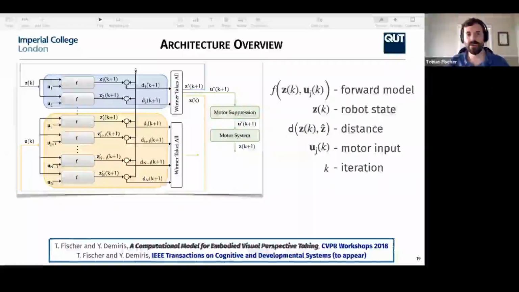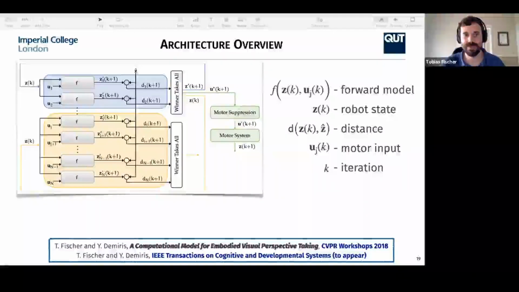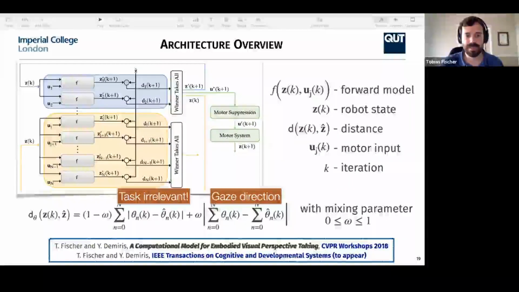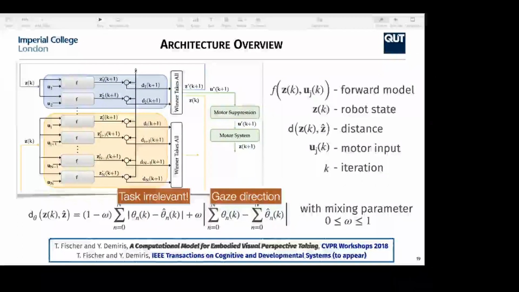Okay, so the forward model is just a robotics simulator, which can provide you with the correct new pose given the state and the current control input. That's the U's. And the Z's are the states of the robot, so the X, Y position and the rotation of the robot. Could you repeat your question about the thetas?